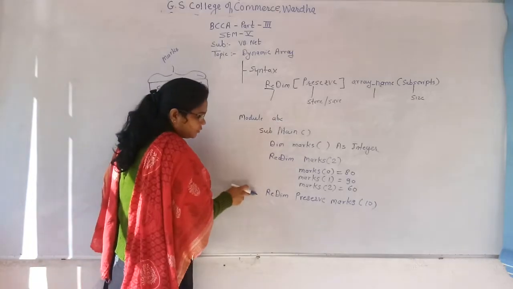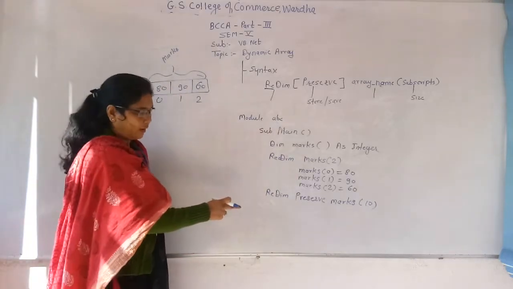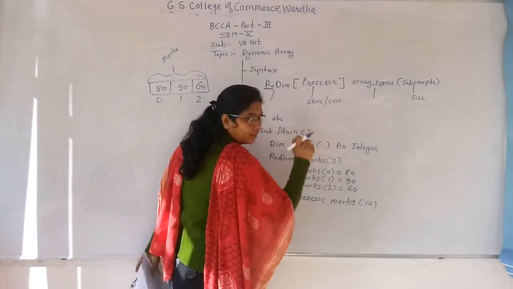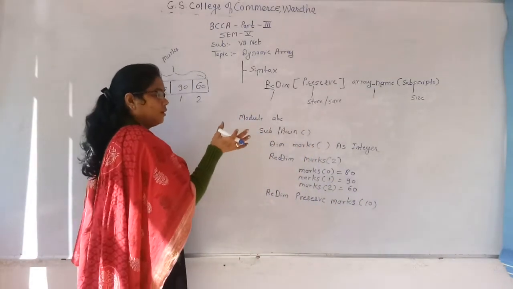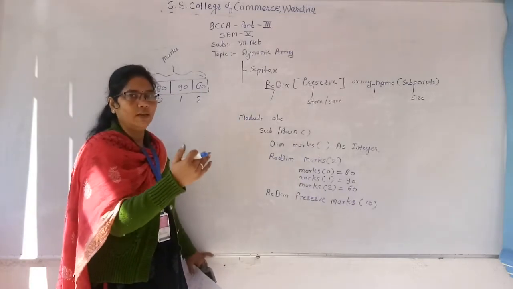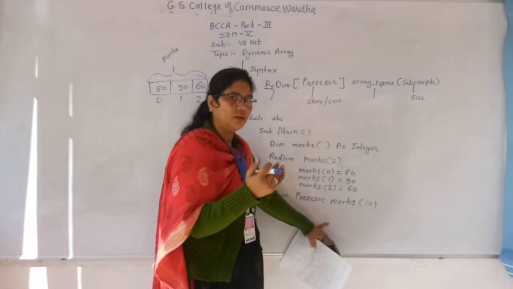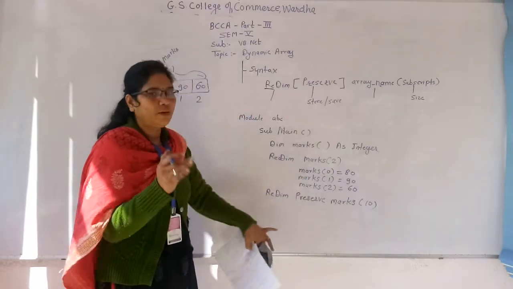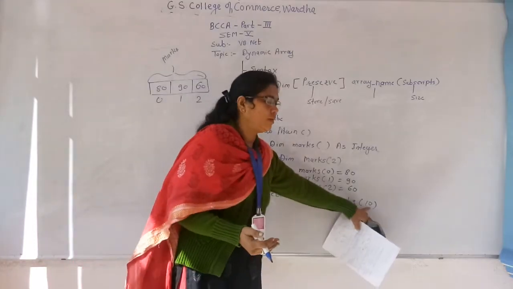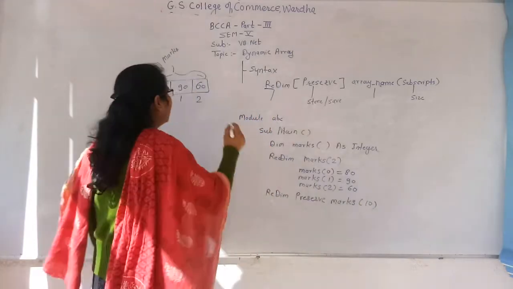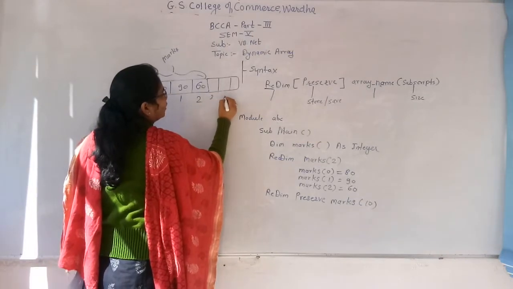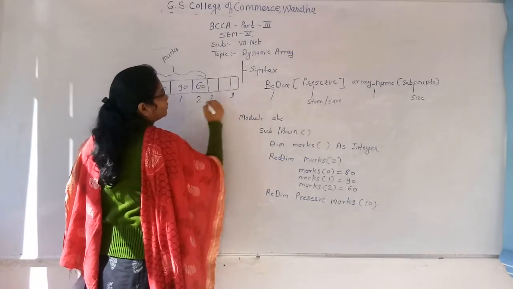So after the compiler encounters ReDim Preserve marks(10), whatever we initialized previously for the array marks as integer, those values will be saved. After that it will increase the size, so it becomes from 3 up to 9.